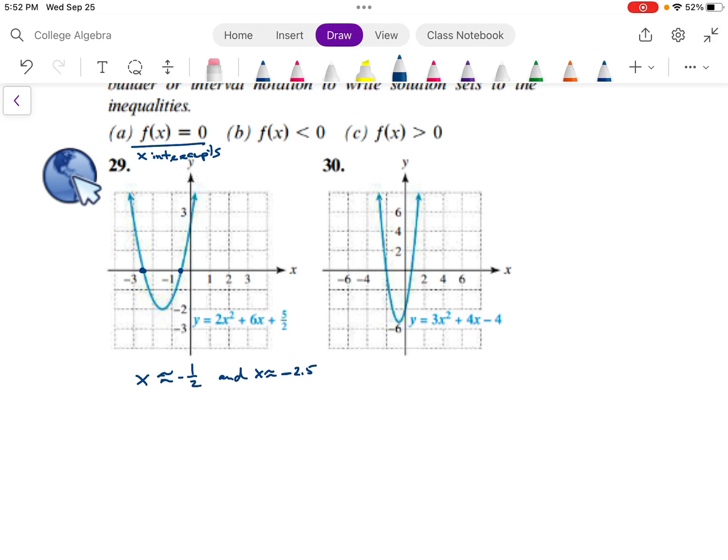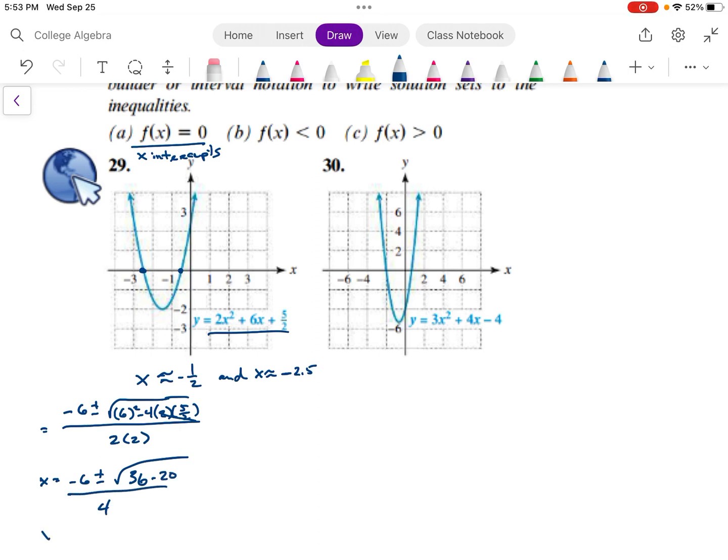So we can always take our equation down here and say, all right, x equals -6 plus or minus the square root of 6 squared minus 4 times 2 times 5/2, all over 2 times 2. That gives us -6 plus or minus the square root of 36 minus 20, all over 4.